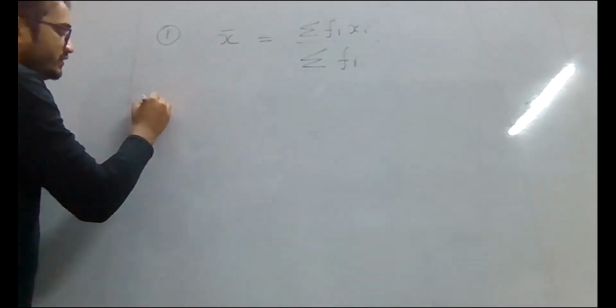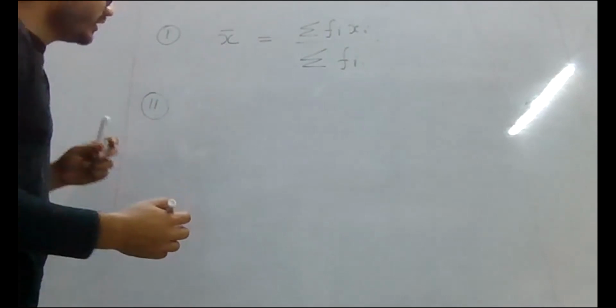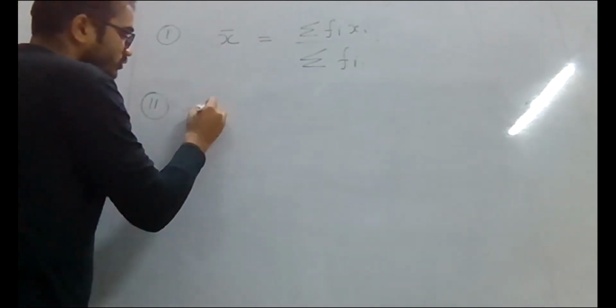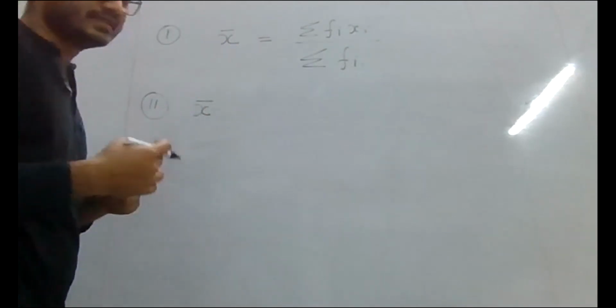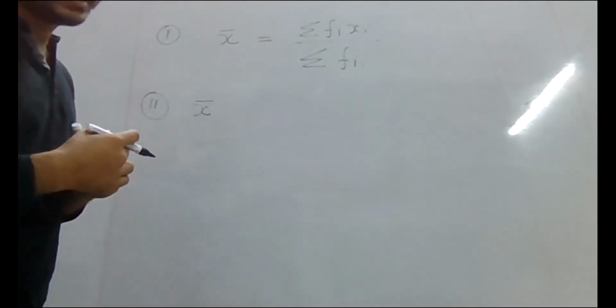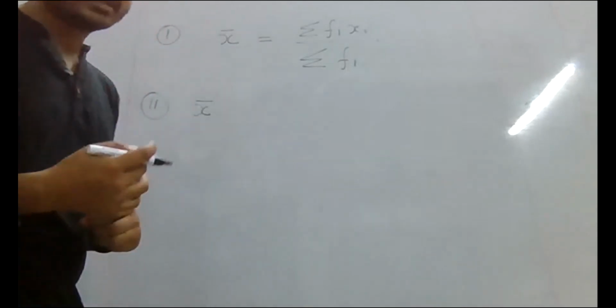Then the second method which we have is known as the assumed mean method. In that we assume one mean, which we denote as a, and that is also known as the provisional mean.